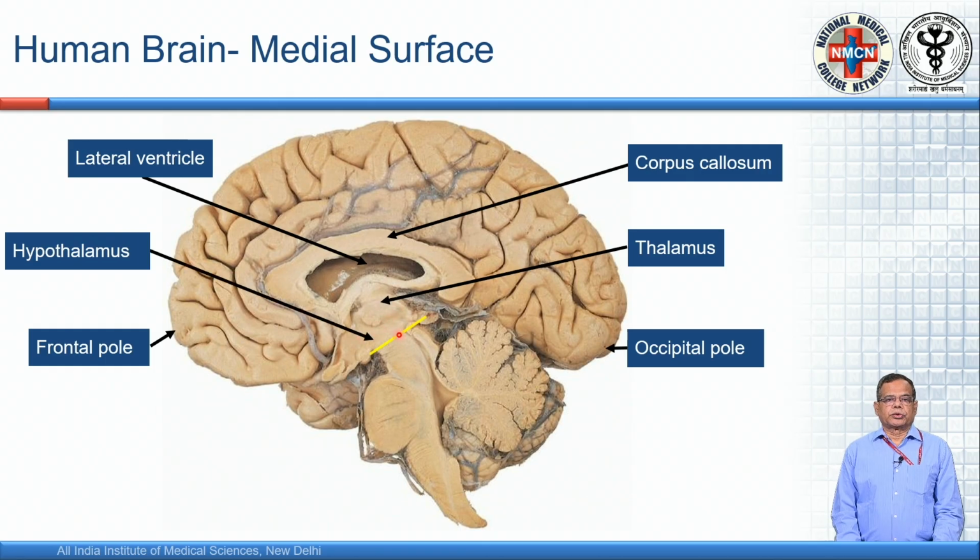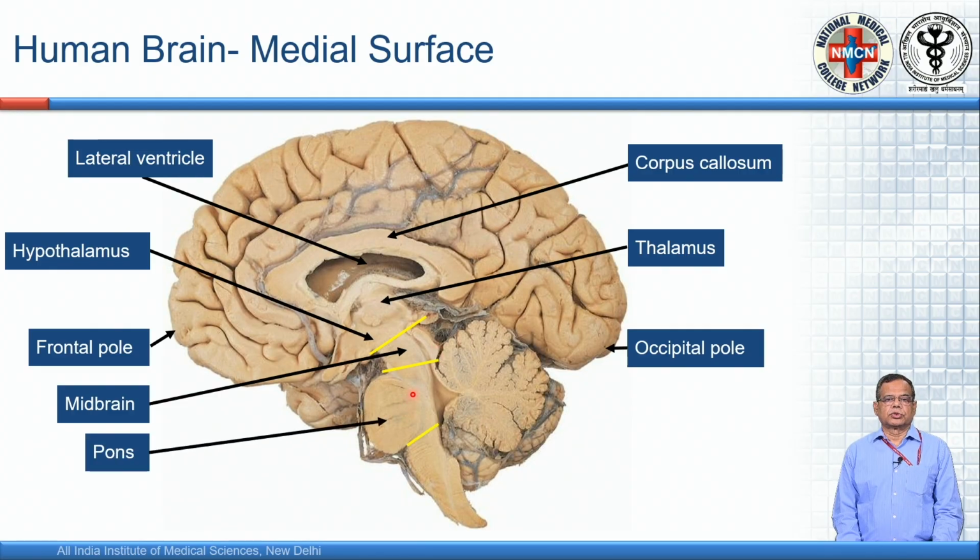The boundary between the diencephalon and the mesencephalon, or midbrain, is the line joining the mammillary body and the pineal body. The midbrain is formed by this line and a line on the superior surface of the pons and the inferior part of the inferior colliculi.